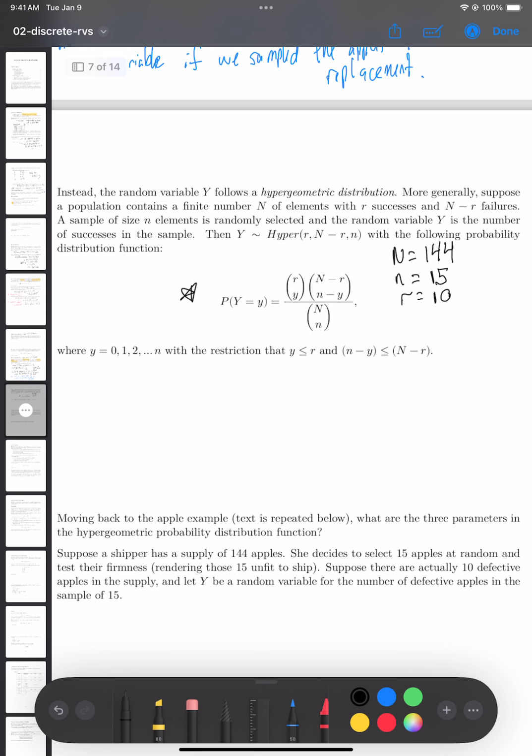We could also make sense of some of the pieces of this probability distribution function. This capital N choose lowercase n in the denominator is the number of ways to pick n items from capital N available items.